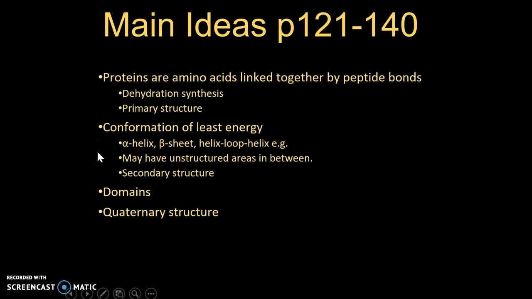There may be some unstructured regions in between these secondary structure motifs, but there are these conformations that are recurrent and happen all the time. And so we call that the secondary structure.